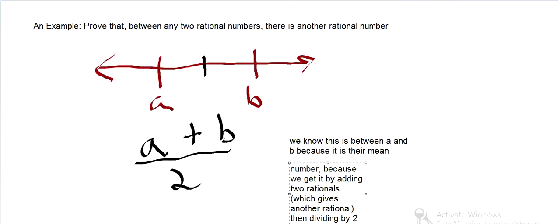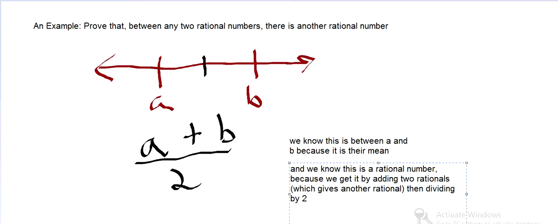So we know we've got a rational number between A and B, and we didn't assume anything about A and B other than that they're rationals. So we know in general that between any two rational numbers, there's a third rational number. So that proves what we're trying to do.